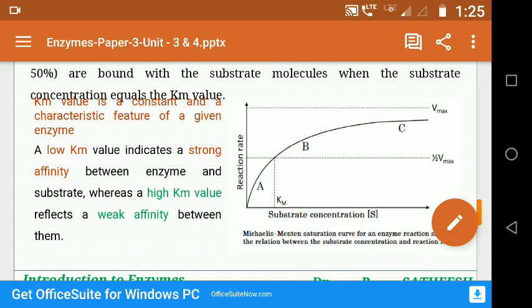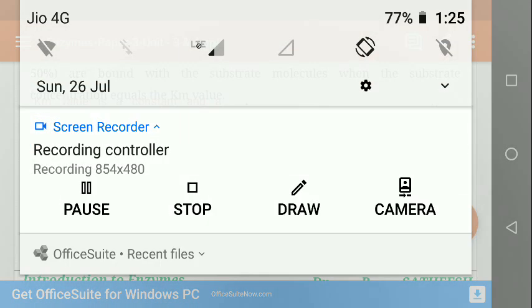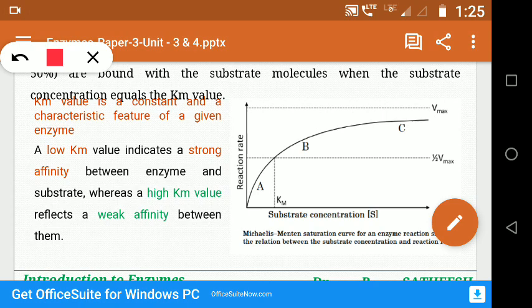So here we can see that this is the normal plot where we draw the plot for rate of the enzymatic reaction versus substrate. In this case, the substrate concentration is gradually increasing, and so the enzyme velocity is also increasing.